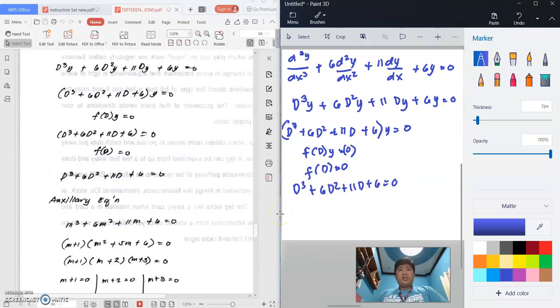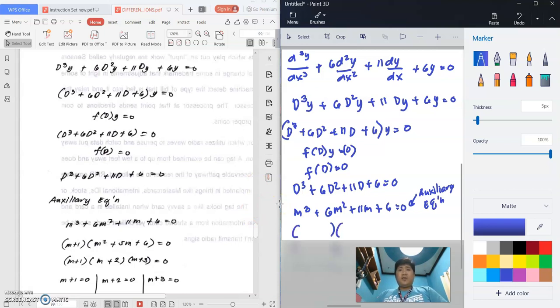So since this is d, let's use m instead. So m cubed plus 6m squared plus 11m plus 6 equals 0. This is your auxiliary equation. So from there, you need to factor this one.